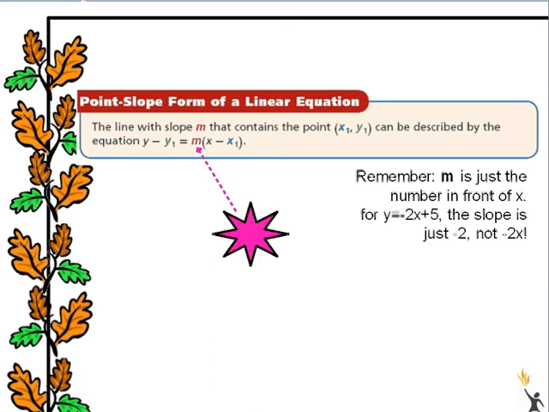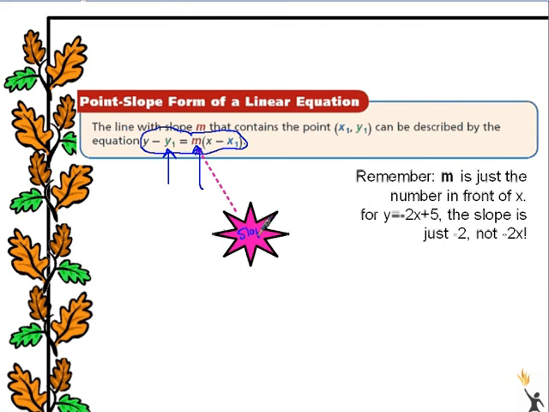And so point-slope is written in this form right here. Y minus y1 equals m times x minus x1. Y we just leave as y. Y1 is a number that we'll fill in. M is a number that we'll fill in, and what is m?